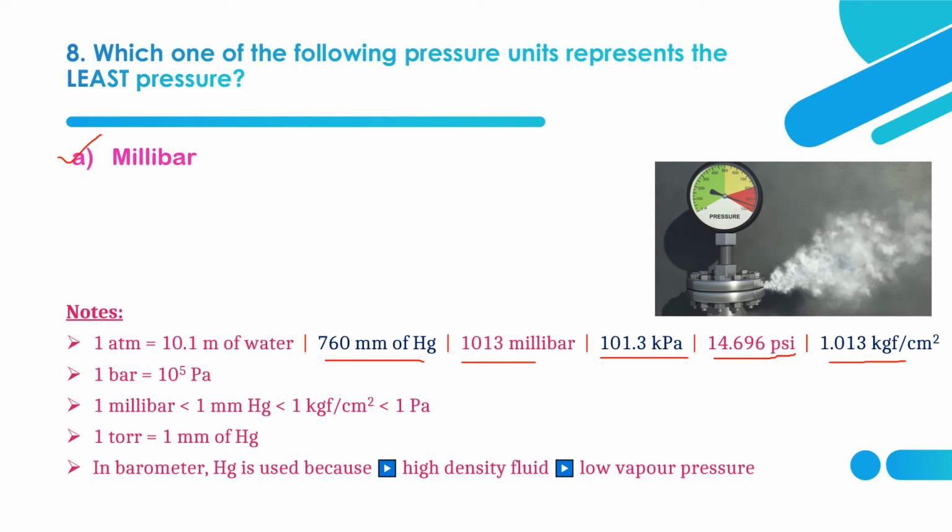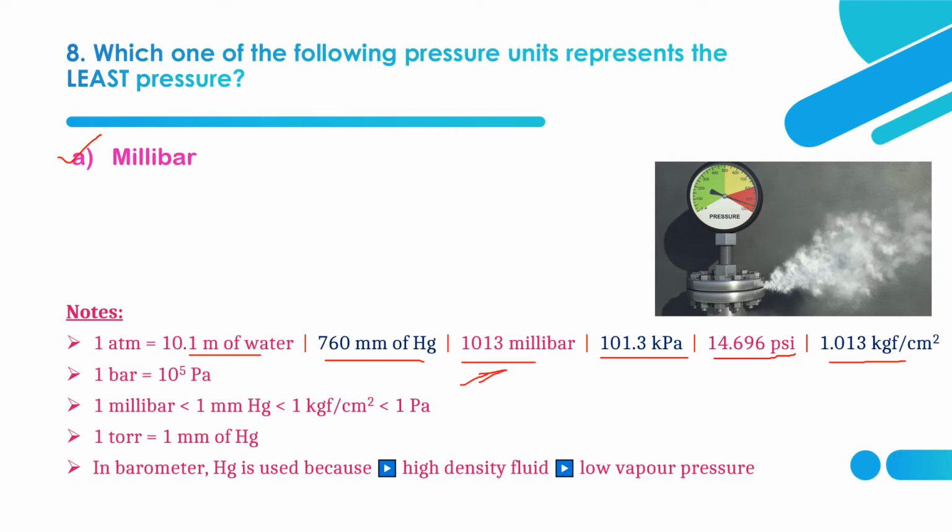So these many ways we can define one atmosphere, and one bar is nothing but 10 power 5 pascal, that is 1 lakh pascal.